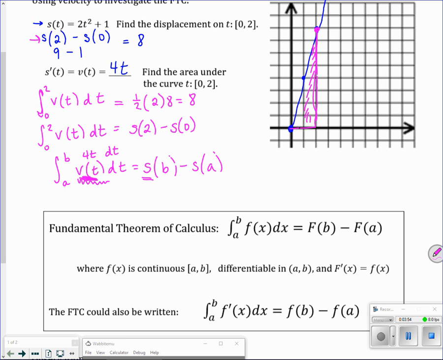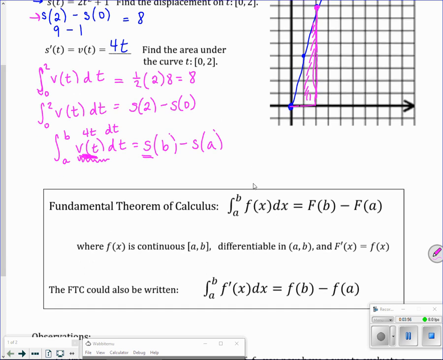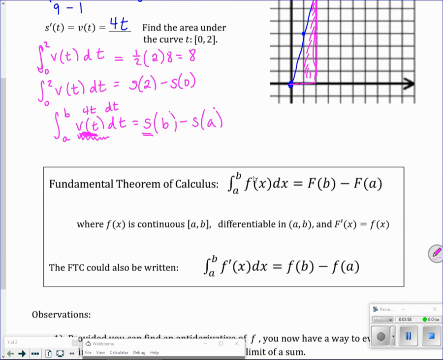So here it is written formally, and notice it's written two different ways, because I just want you to be aware of both. A lot of times you see it with this big F, but they have to make the statement that big F is the antiderivative of little f.